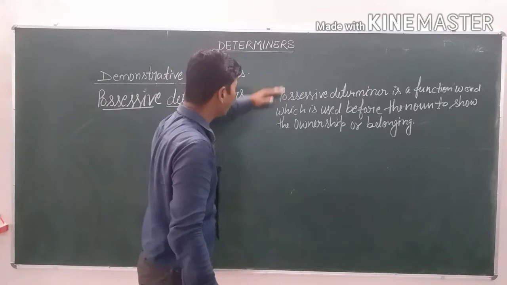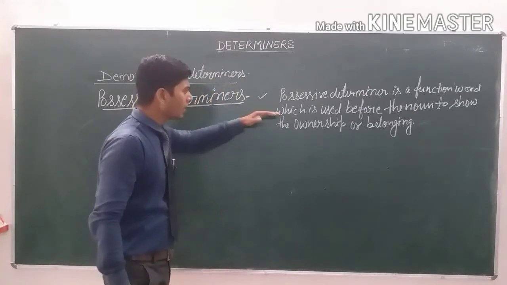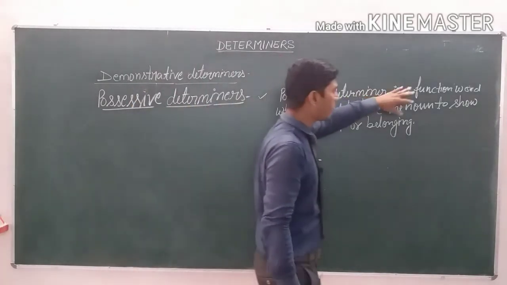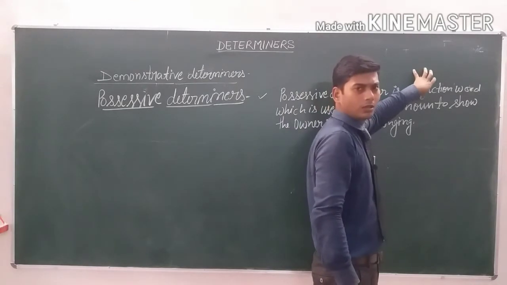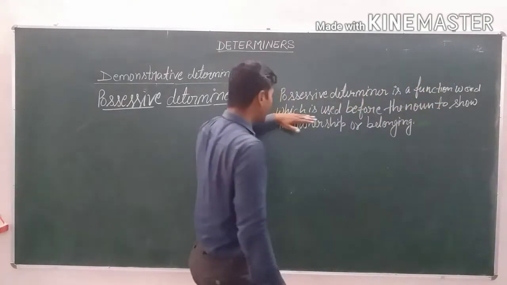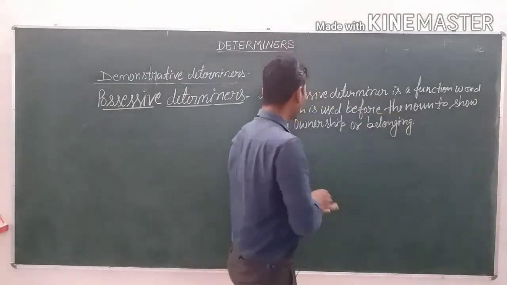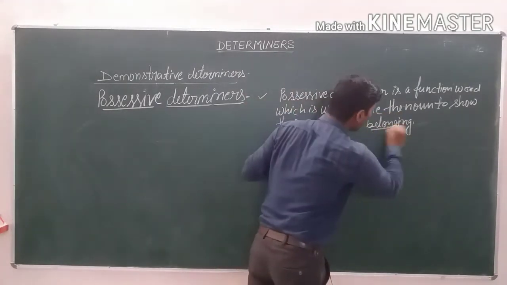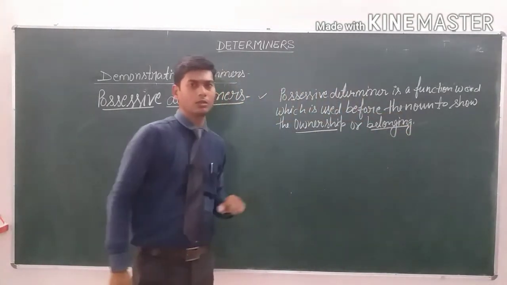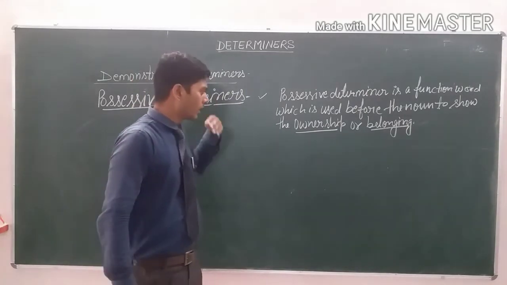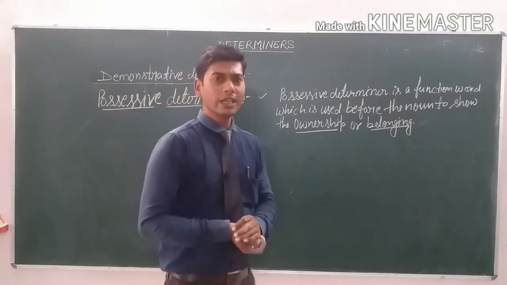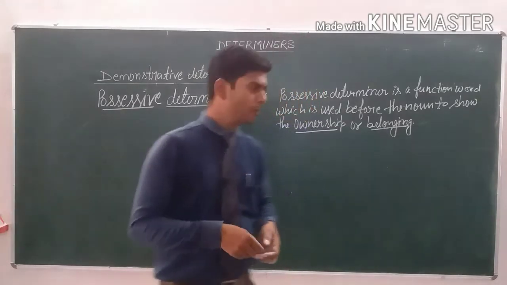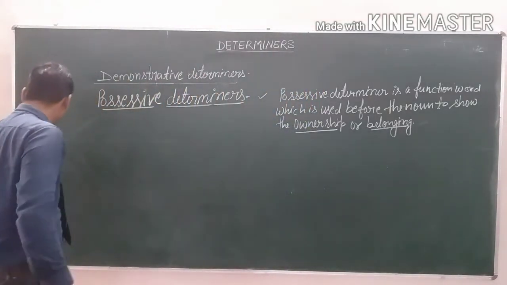Next I am going to repeat this and clarify. Possessive determiner is a function word, right, which is used before the noun to show ownership or belonging. We can clarify it more through the examples. I am going to note down the examples. You can also note it in your copy.